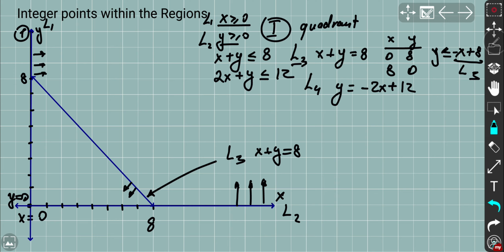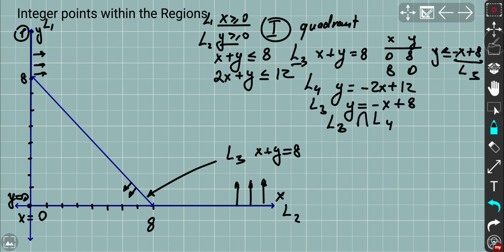So basically, let's say the y's. If I equate with line 3 for y, which is negative x plus 8, and I equate the y's, I'll find the point of their intersection. So I'm looking for the intersection point of line 3 and line 4.